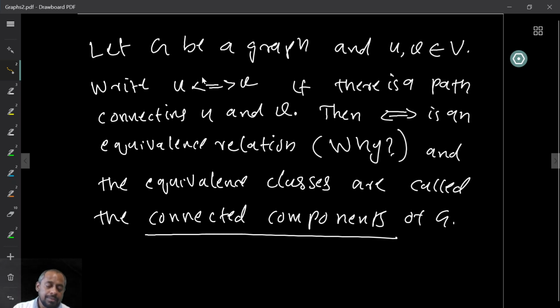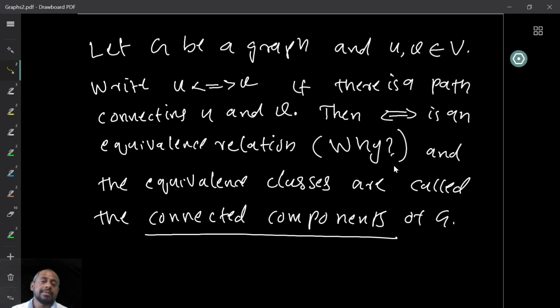Now, this defines a binary relation, right? Because two vertices are given, you can always check whether it is interconnected or not. Now, this relation happens to be an equivalence relation, and you should verify that it is true.